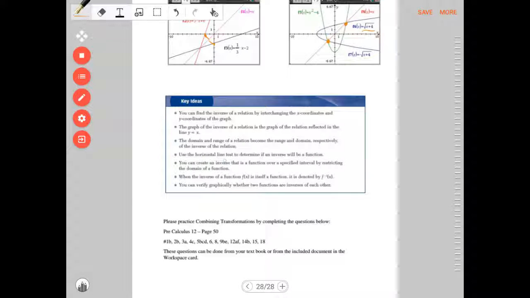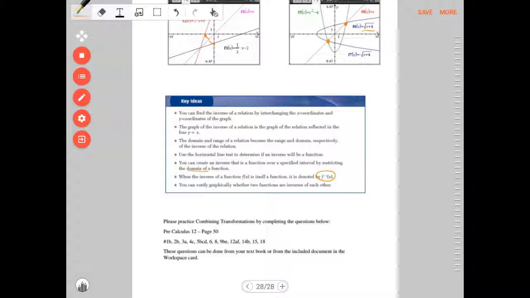You can create an inverse that is a function over a specified interval by restricting the domain. And remember, that is always restricting over the axis of symmetry of whatever graph you're using. When the inverse of a function f of x is itself a function, it can be noted by f negative 1 of x.